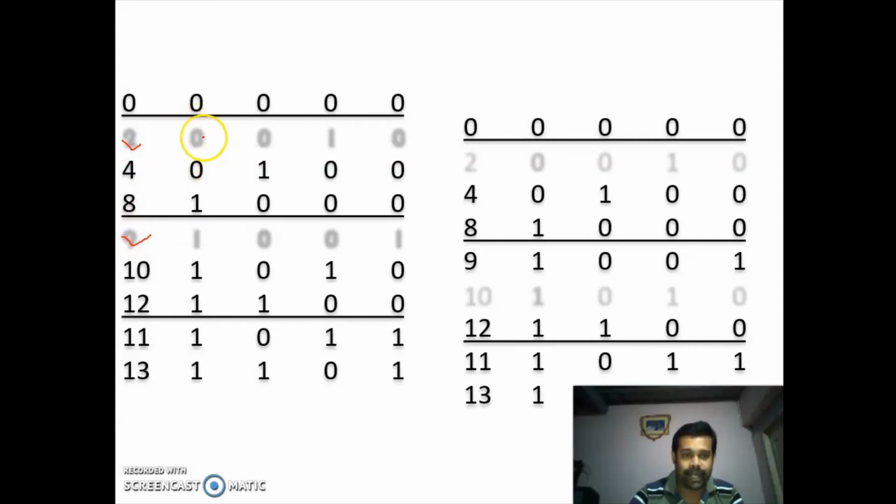First bit, here you have 0, here you have 1. So one bit is changing. Here you have 0, here you have 0, no problem. Here you have 1, here 1. Here you have 1 and here you have 0. So 2 bits are changing. If more than one bit is changing, there is no possibility to consider that pair.